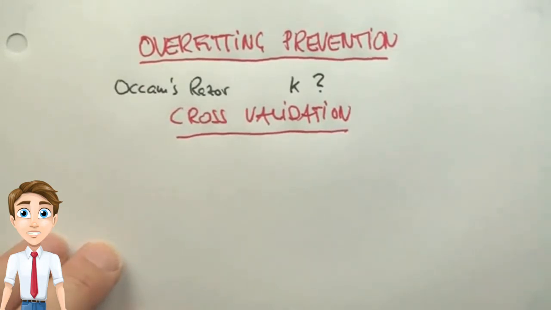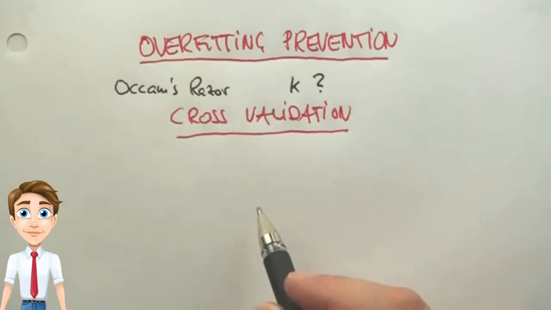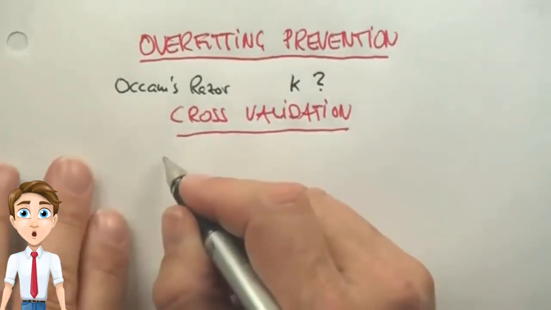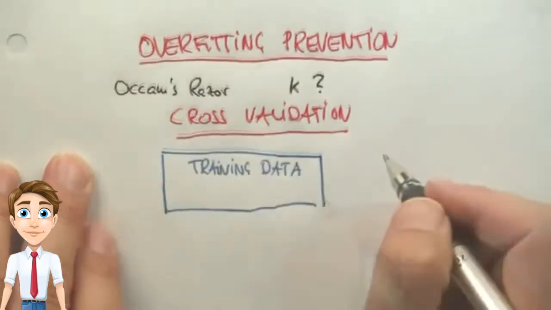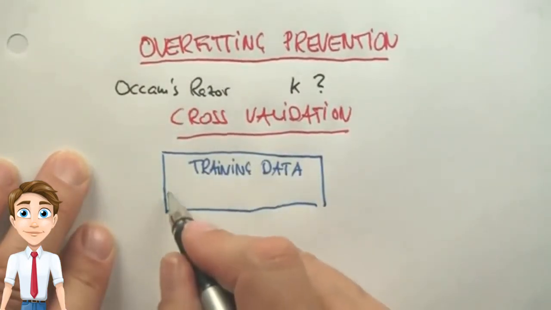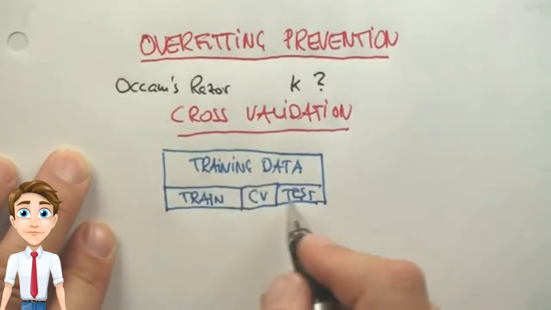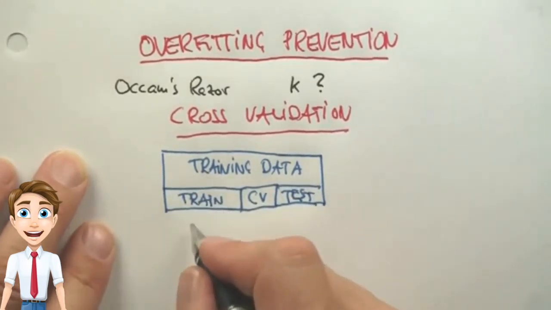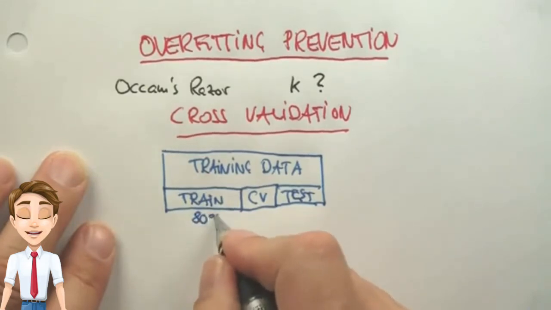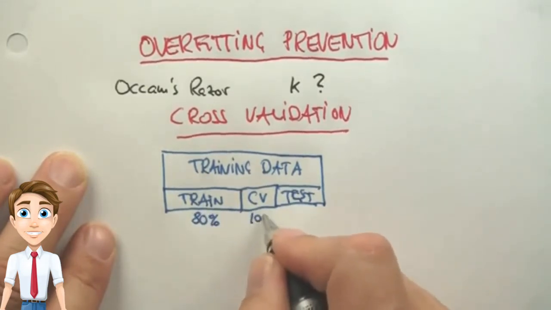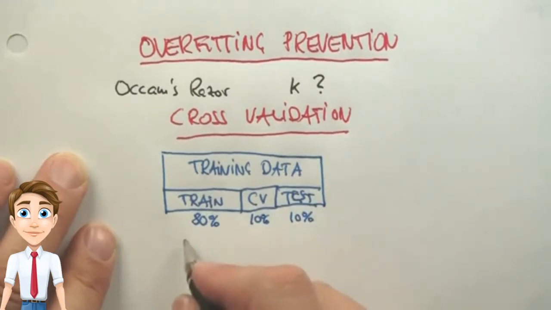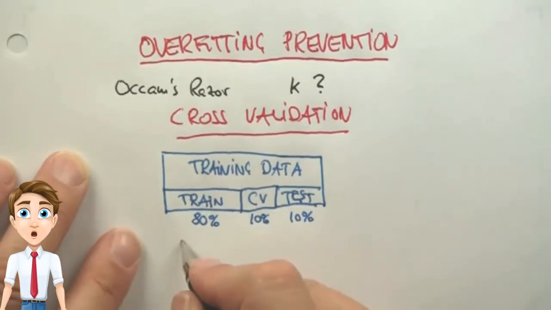This method assumes there's plenty of training examples, but to tell you the truth, in spam filtering, there's more than you ever want. Take your training data and divide it into 3 buckets. Train, cross-validate, and test. Typical ratios would be 80% goes into train, 10% into cross-validate, and 10% into test. You use the train to find all your parameters.